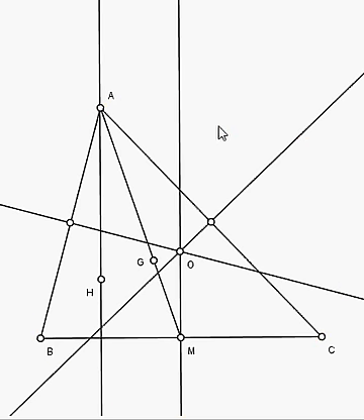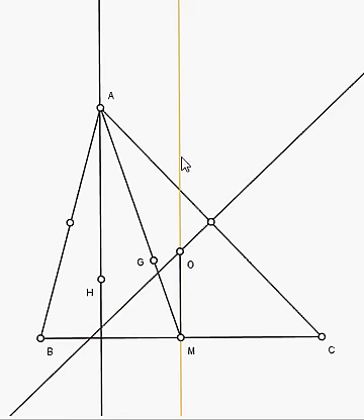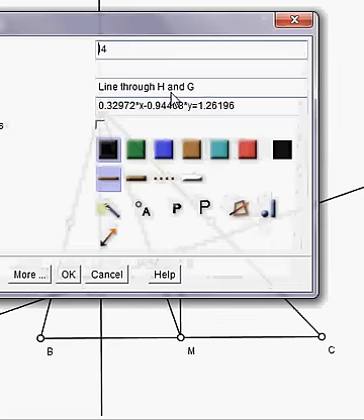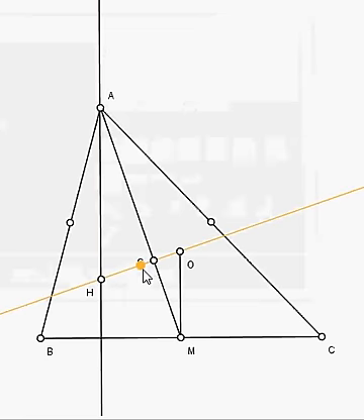Alright, so one of the very shocking things is that these 3 points all happen to lie on a line. So this is very remarkable in my opinion, and similarly doesn't get very much credit.